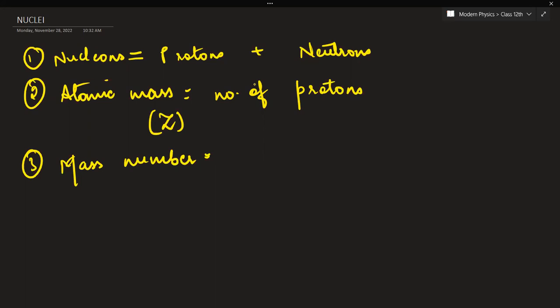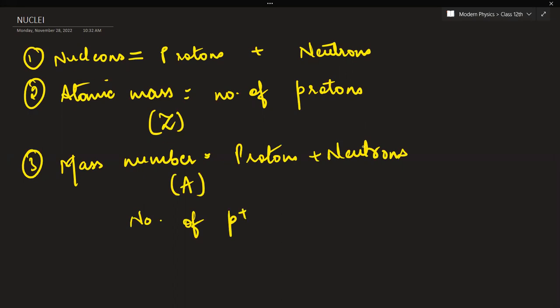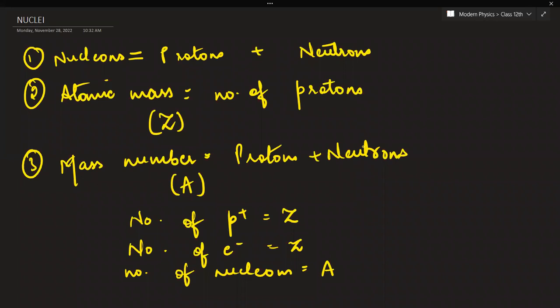Protons plus neutrons present in a nucleus is known as the mass number, denoted by the symbol A. So the number of protons will be Z, the number of electrons will also be Z, and the number of nucleons will be A, that is the mass number.